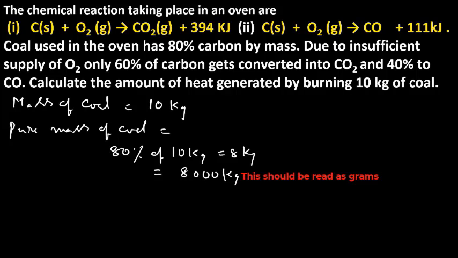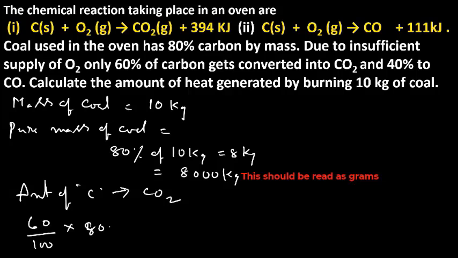Now, 60% of carbon gets converted into carbon dioxide. Therefore, amount of carbon converted to carbon dioxide equals 60 by 100 into 8,000. This is nothing but 4,800 grams.